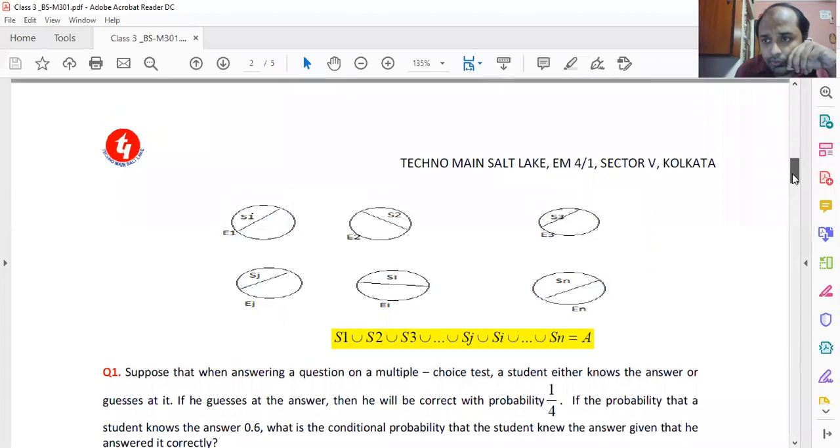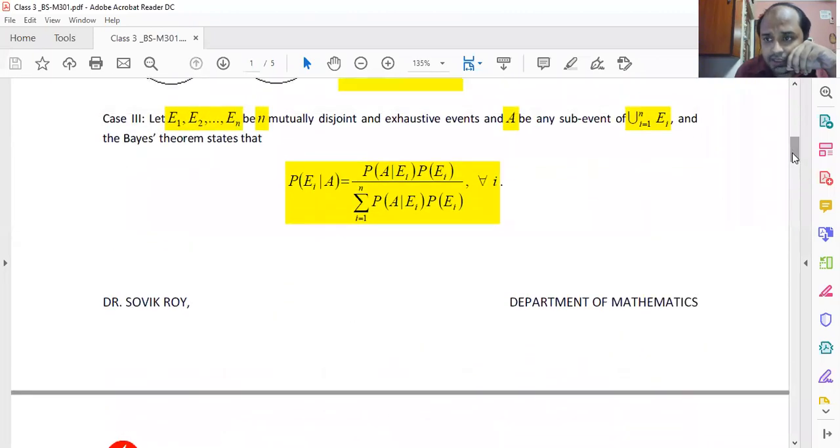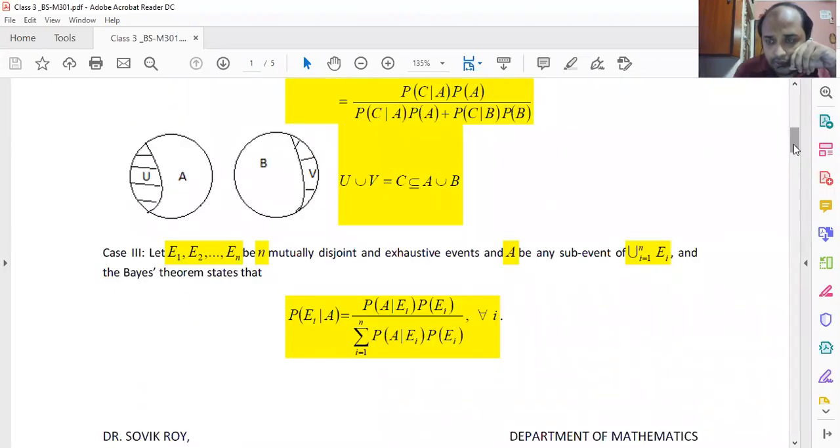Now we are going back to our statement of the Bayes theorem, which is a generalized version of the previous statements. We have considered n mutually disjoint events, which are also exhaustive, and let capital A be a sub-event of the union of Ei, I going from 1 to n, meaning A is a sub-event of E1 union E2 union dot dot dot union En, the total sample space.